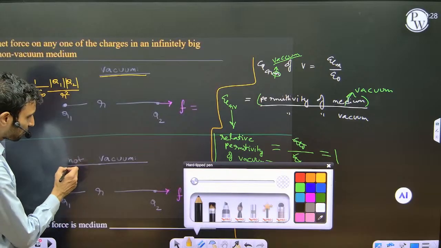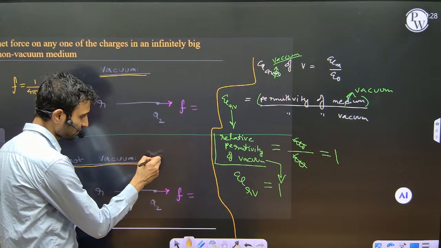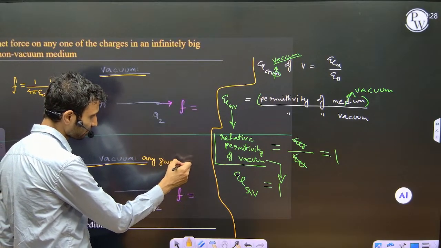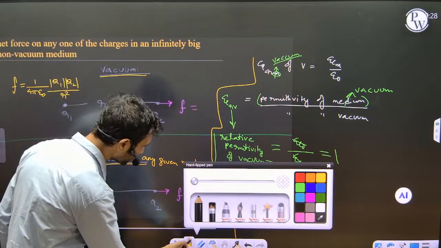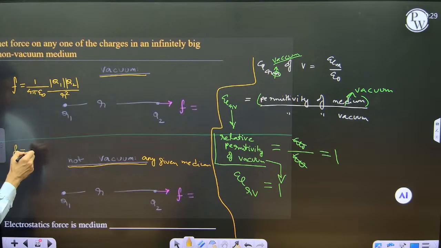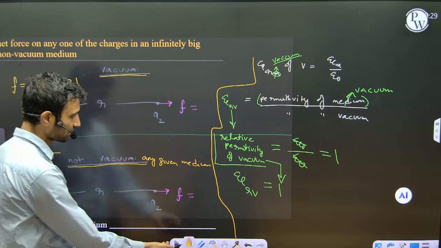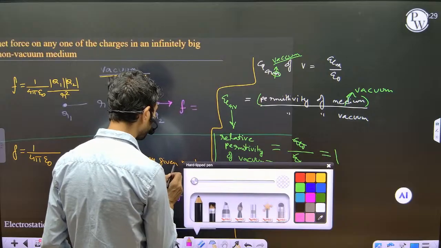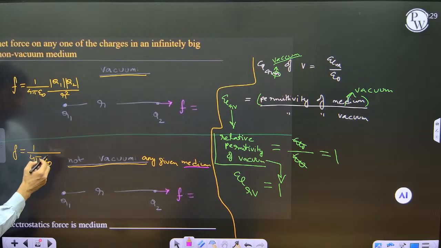Now if I want to find the force when it is not vacuum, means any medium. Let's say it is any given medium. In that case, if it is any given medium, then what is the force? You know, it is given by 1 divided by 4 pi epsilon naught. But since it is some medium, that medium's epsilon r m also comes here.